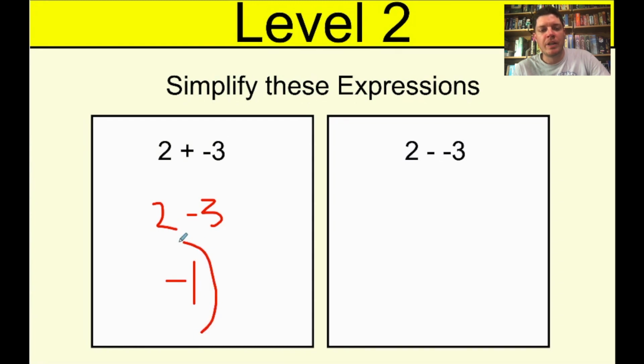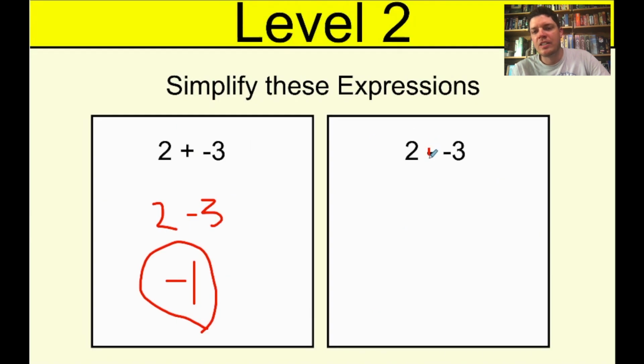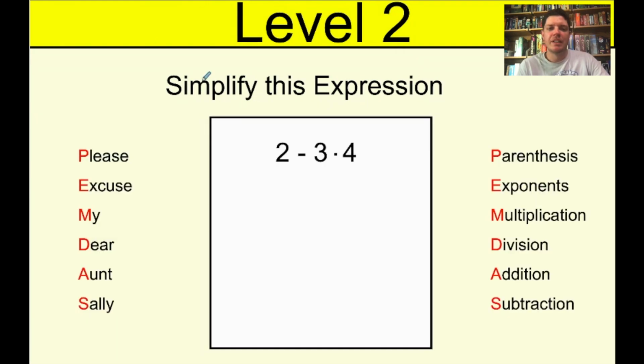It's all the way simplified, down as far as it can go. 2 minus -3, if I look back at this chart, it's the same as this one. I could rewrite that, change the subtraction, and change the next sign. We could rewrite that as 2 plus 3, which is 5. All right, easy enough. Let's go to this one.